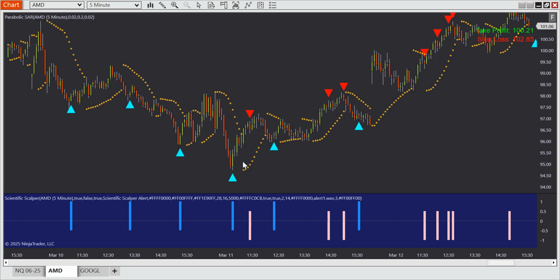So if you don't want to use necessarily a certain retracement tool to catch the retracements, or you want to try and get in early into the move, you could use a parabolic SAR and wait for it to confirm with the dots, as we see here on this buy alert.